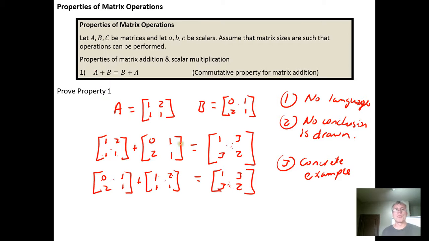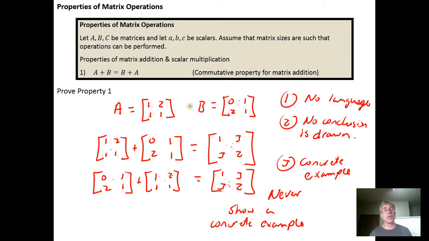So when we do a proof, we never show a concrete example, because this only is a proof for this specific example, but we need to show that it's true for all matrices that exist that are of the same size, right? We can add two matrices when they have the same size. We need to show that matrix addition is commutative for all of them.